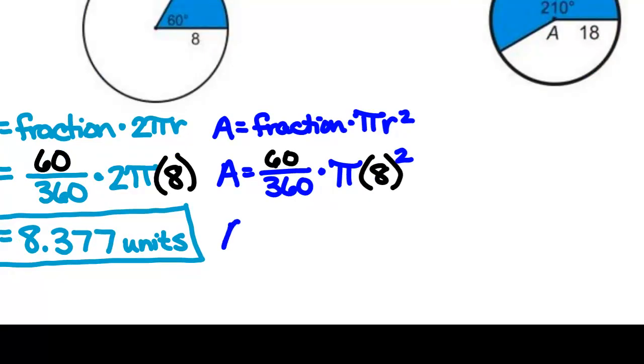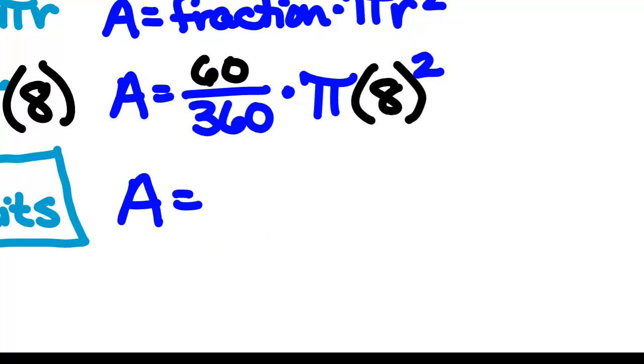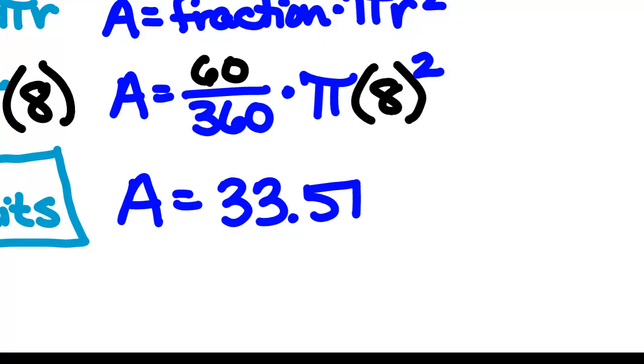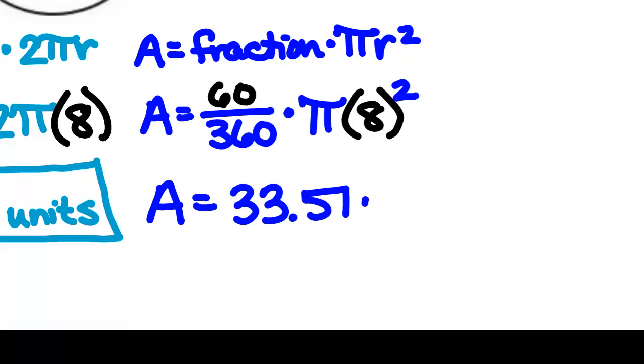And then I take that and I type that into my calculator. 33.510, or 33.51. If there's a 0 in that third spot, I usually just don't write it down, but there's nothing wrong with writing it down. And that would be units squared.